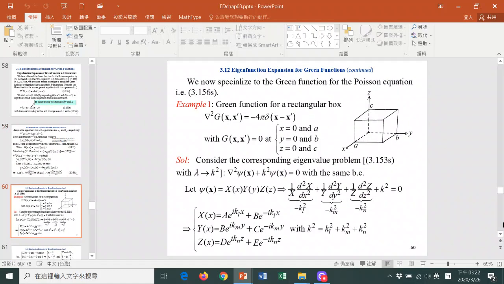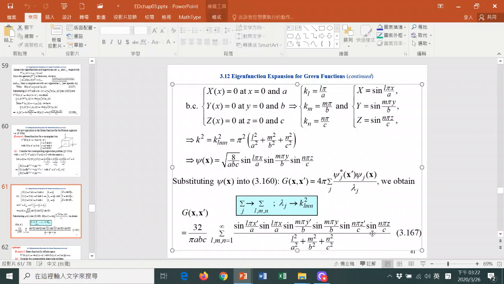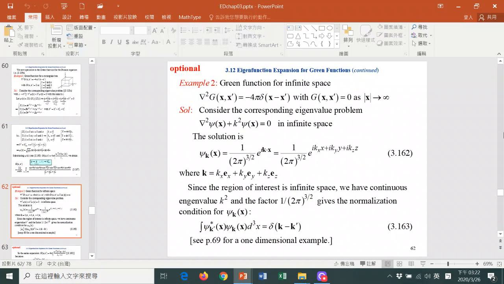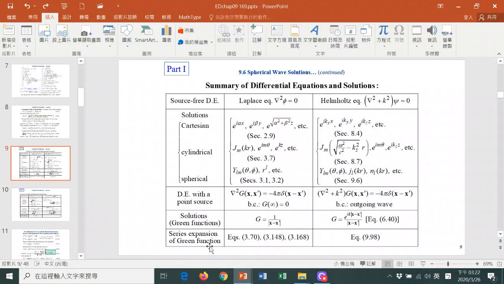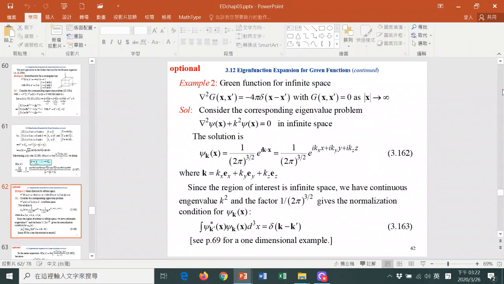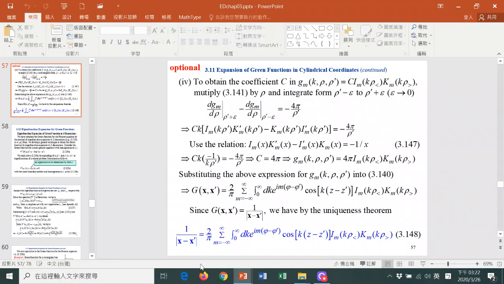And another one is the Green function as an eigenfunction expansion, 3.167. What else? 3.167, 3.148, 3.48. Oh, it is here.